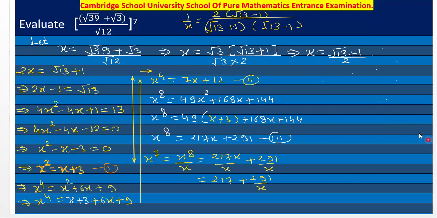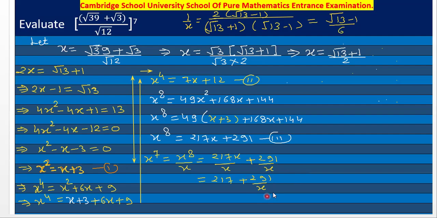On further simplification, using the identity a plus b times a minus b is a square minus b square, we get 13 minus 1, that is 12. Cancelling 12 by 2, it becomes 6. This is the value of 1 by x, that is equal to square root of 13 minus 1 upon 6.